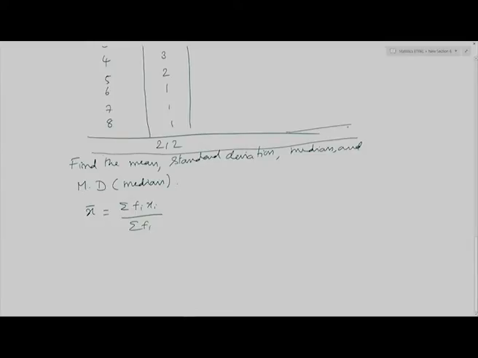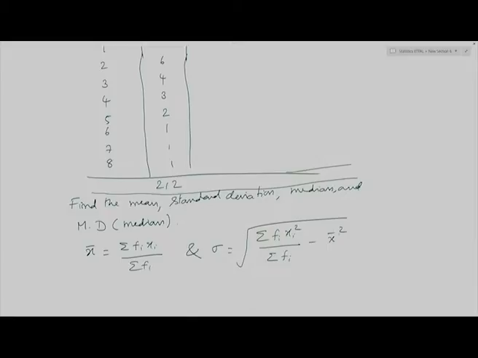Now the standard deviation sigma is the square root of sigma fi xi square divided by sigma fi minus x bar square. So we need to compute sigma fi xi and sigma fi xi square, and then we substitute in this and get the values.